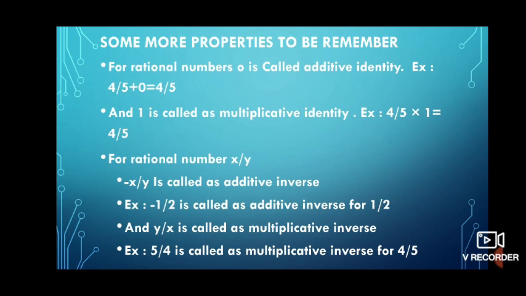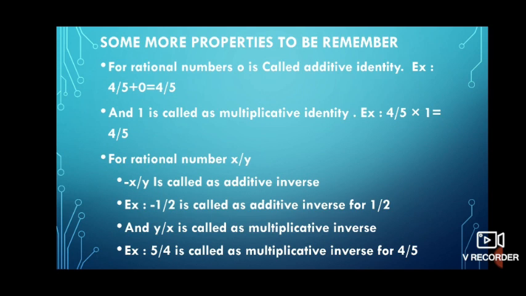For example, I am taking one rational number, 4 by 5. If you add 0, 4 by 5 plus 0, then you will get 4 by 5 as a result. Here you are getting the same number as a result, 4 by 5. That is called an identity, and here we are using the addition, so it is the identity of addition, which is called the additive identity. 0 is called the additive identity, because by adding 0 only we get the same number.